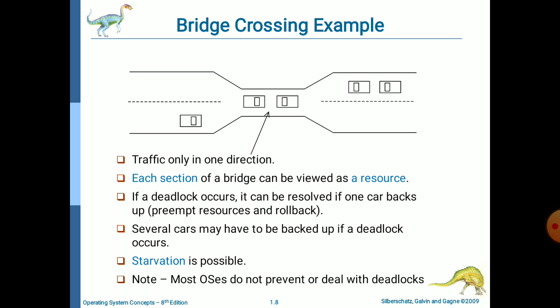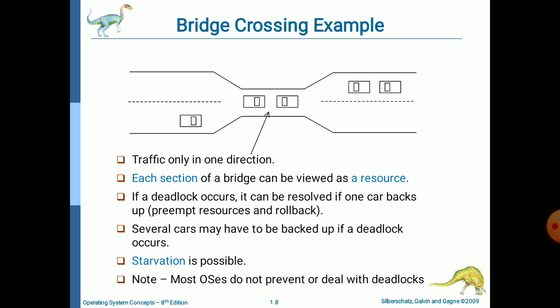Now just observe this scenario. Traffic is in only one direction here, where the arrow mark is placed. Each section of the bridge can be viewed as a resource, and if deadlock occurs, it can be solved if one car backs up or preempts the resource and rolls back.